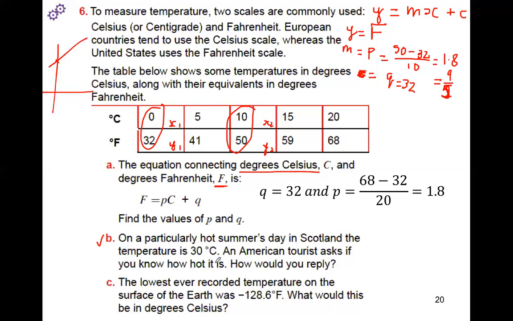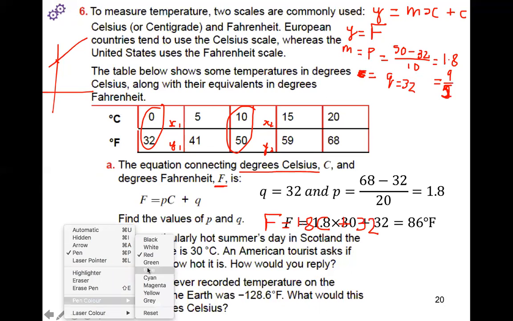You would just say, if the temperature in degrees C is 30, we just found that F in Fahrenheit is 1.8 times the temperature in degrees C, P, plus our Q, 32. So what's 1.8 times 30 plus 32? You would calculate that and get the answer.